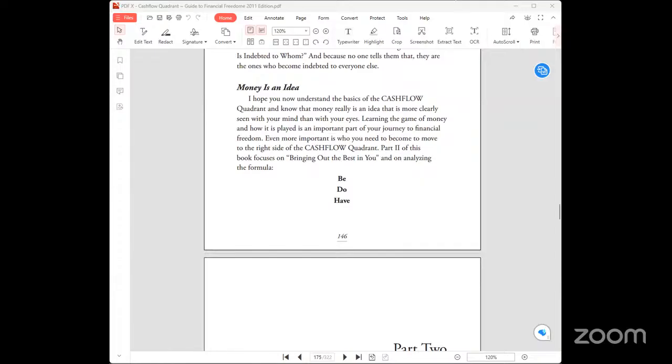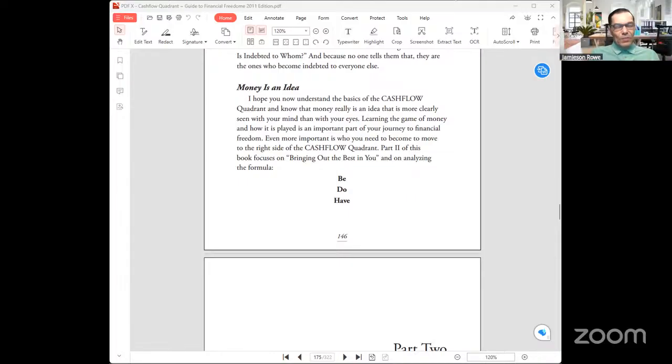Be the vision, do the mission, and have. I've been learning about this through different personal development. The formula of manifestation is you have to become it. Literally, you have to own it. Be the owner of the sports team, not the player.